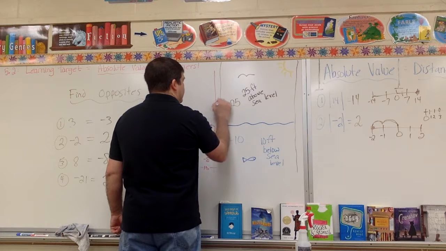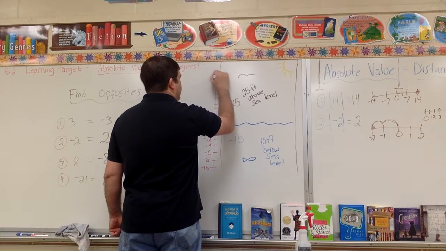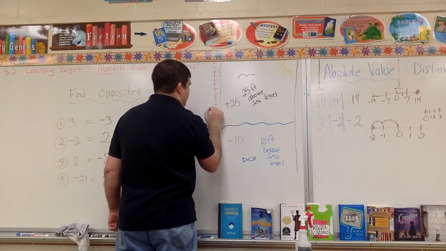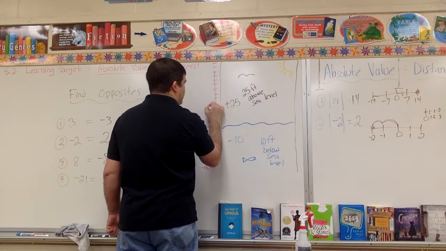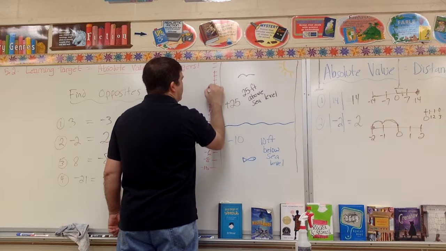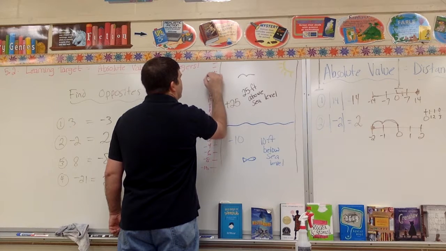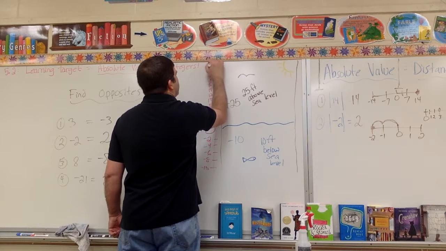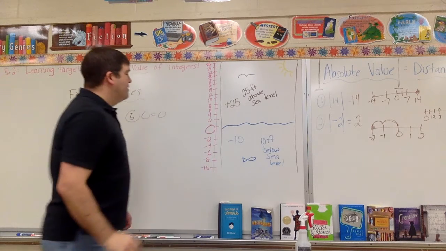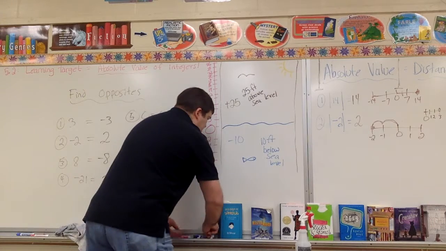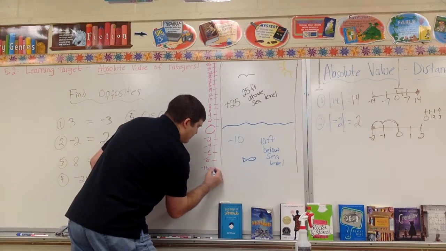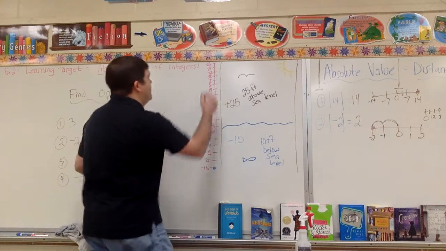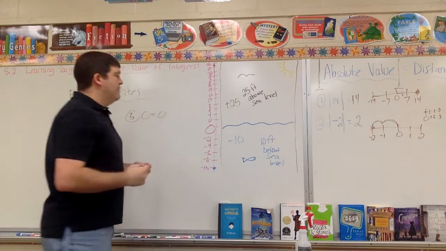Then 2, 4, 6, 8, 10, 12, 14, 16, 18, 20, 22, 24, 26. Okay. So we have my fish right here. And I have my bird right here at 25.